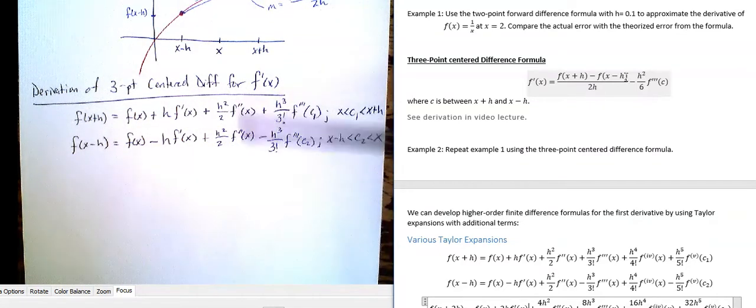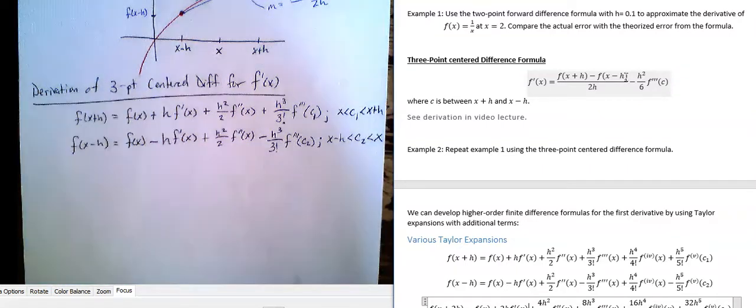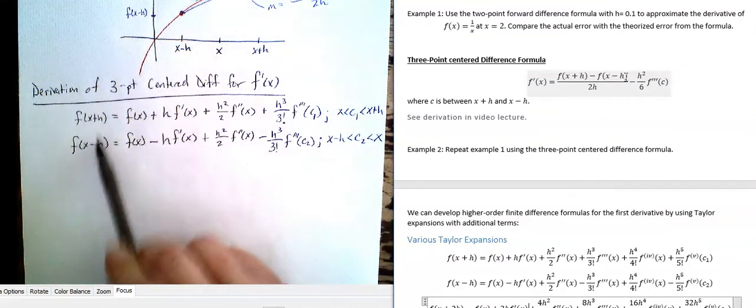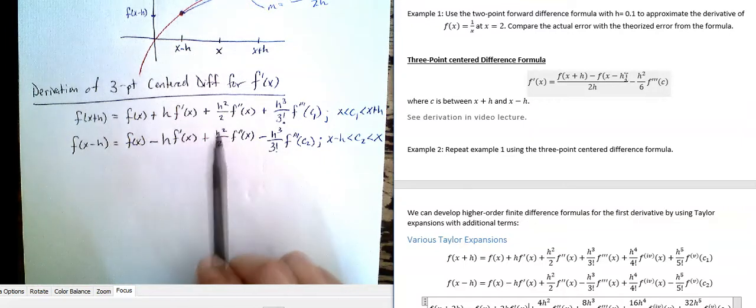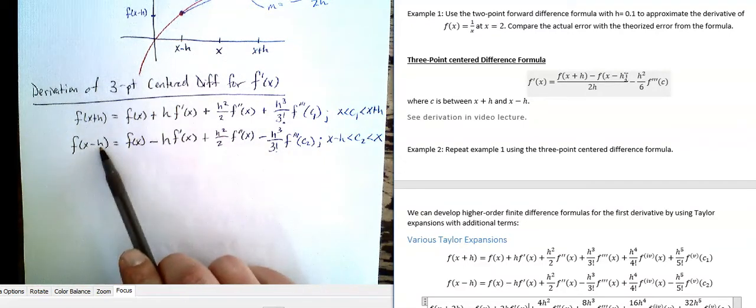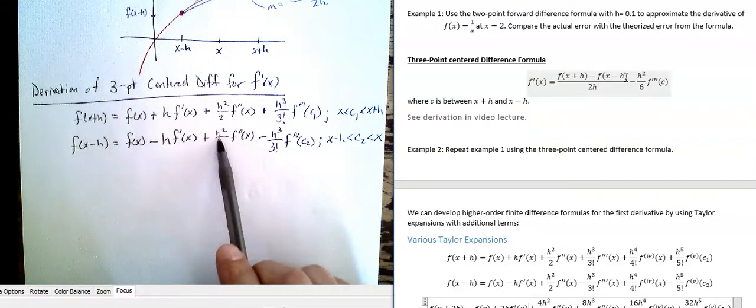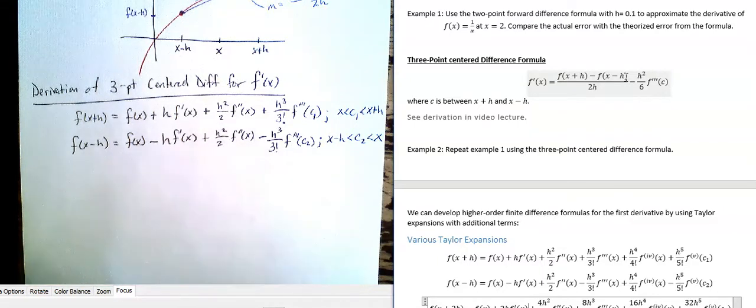So we want to get rid of these second derivative terms here. The error terms are fine, but these second derivative terms need to go away. We're only trying to get something in terms of f prime. So what we can do is take each of these equations and subtract them. If I take f of x plus h minus f of x minus h, these two terms are going to cancel. Not only those, but these f of x's will also cancel.